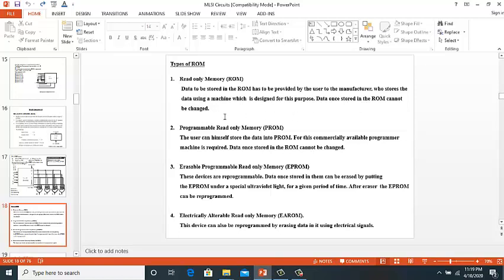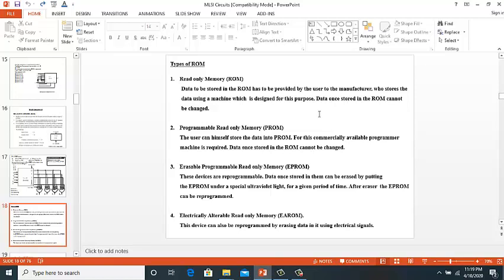So whatever information you want to store in your ROM, you have to make a chart showing the information, and you have to take that chart to the manufacturer, who will store the desired information into this ROM using a machine designed for this purpose.